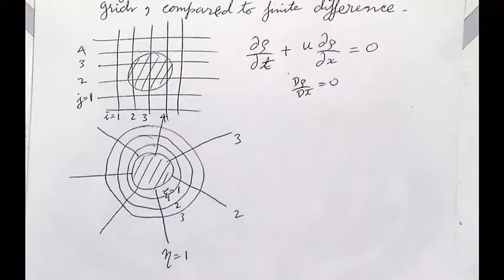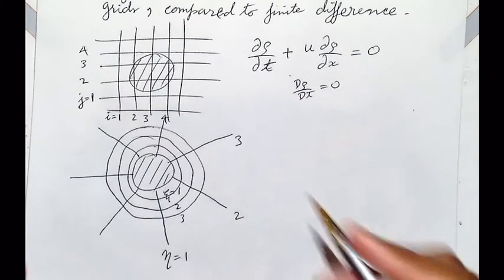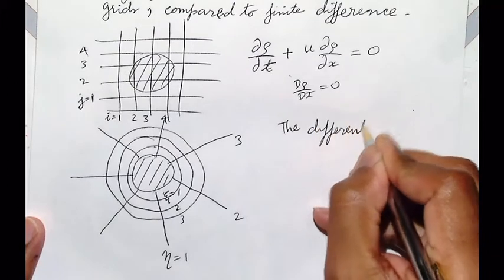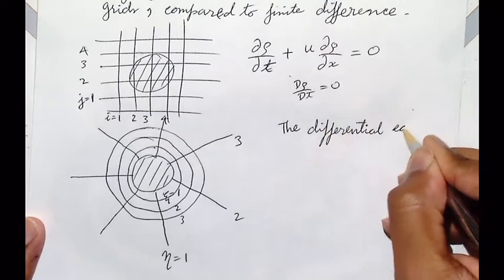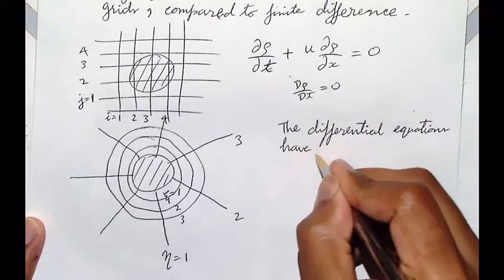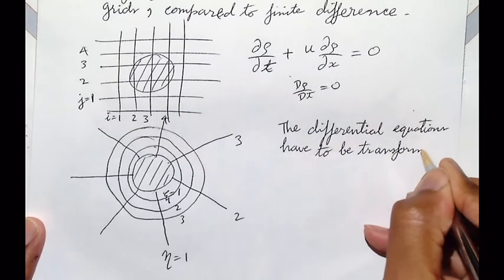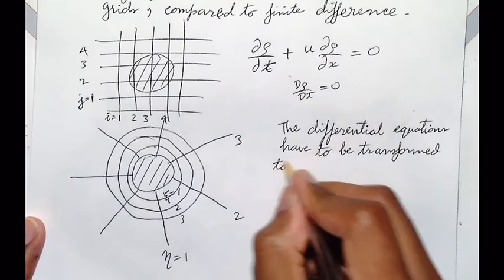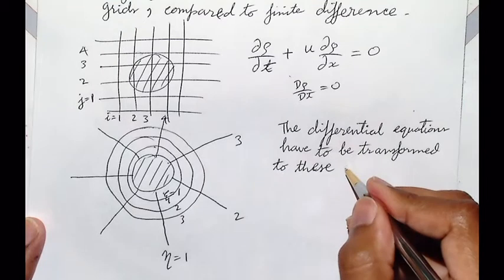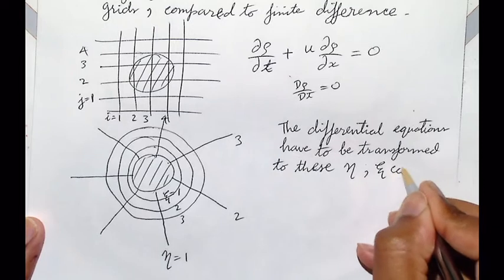You have to work in terms of d by d xi and d by d eta, right? So the differential equations have to be transformed to these grid coordinates, to these eta and xi coordinates.